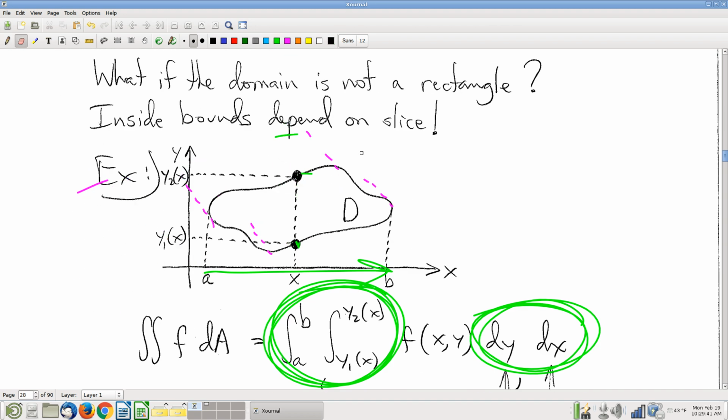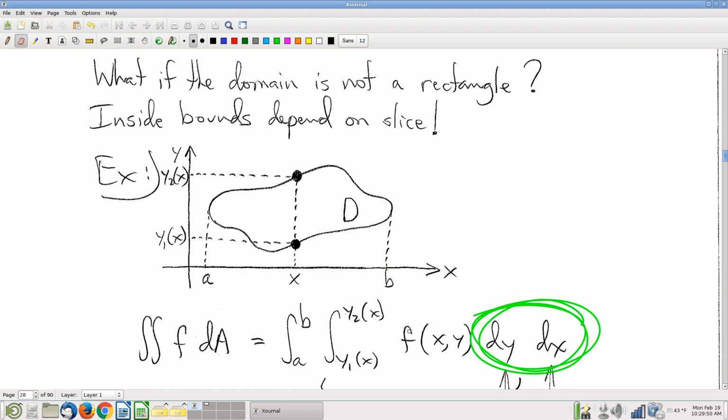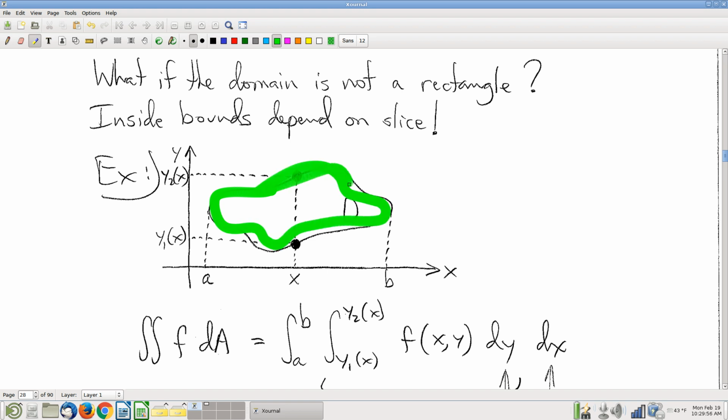All you need, in fact, let me cheat again for cleanup purposes. There we go. All you need is the two-dimensional region itself. Look at that two-dimensional region.